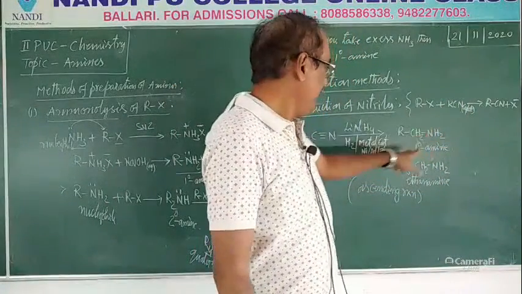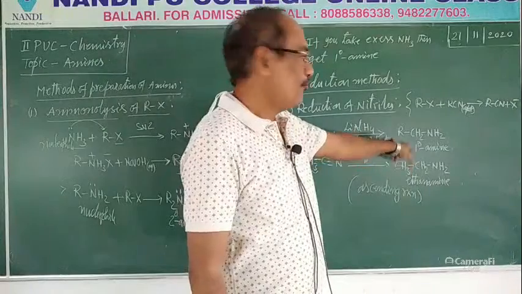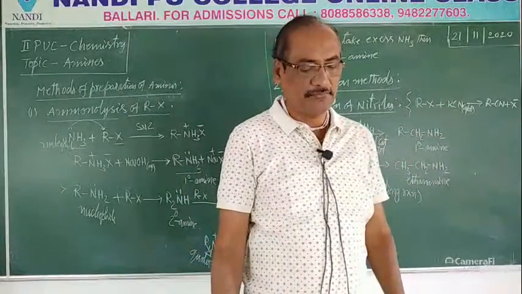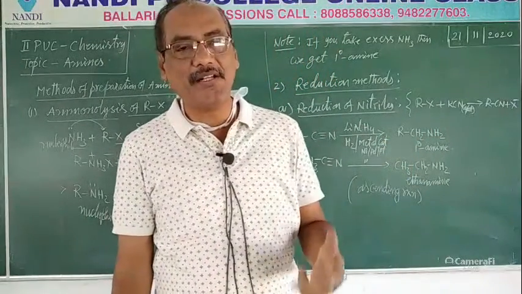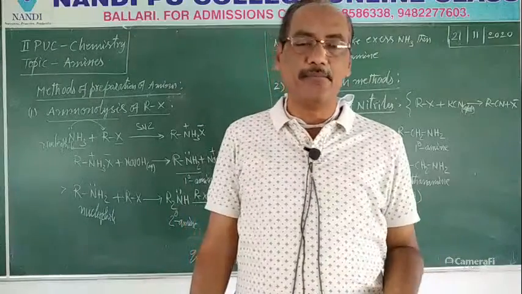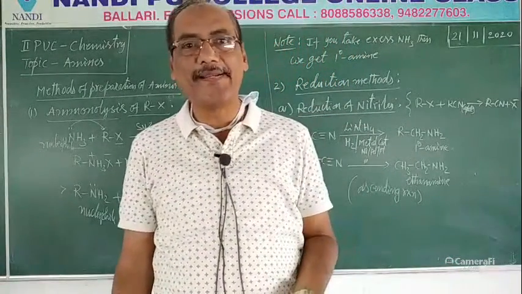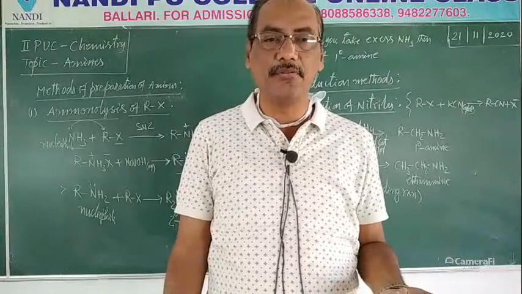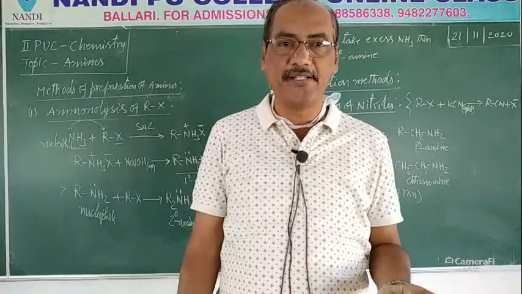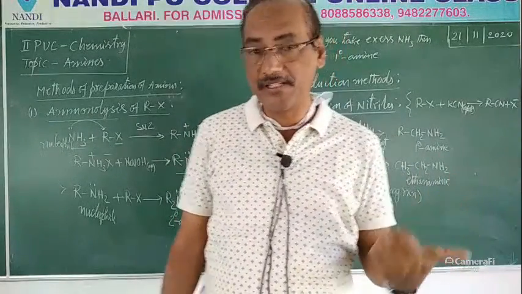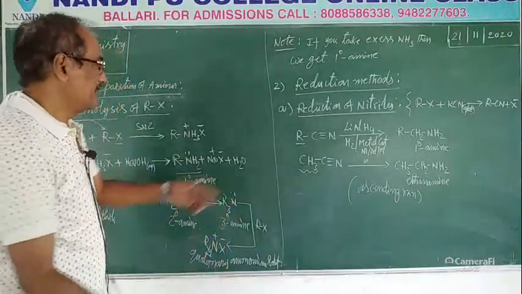So definitely we get amines from alkyl halides in two steps. Alkyl halides are treated with CN minus to give alkyl cyanide or alkyl nitrile, which on reduction gives amines, right children? This is the first method.